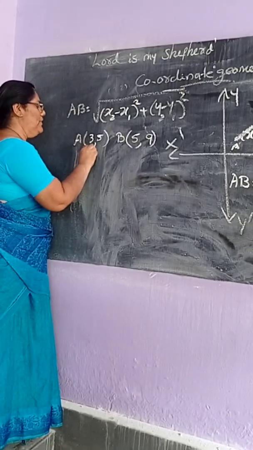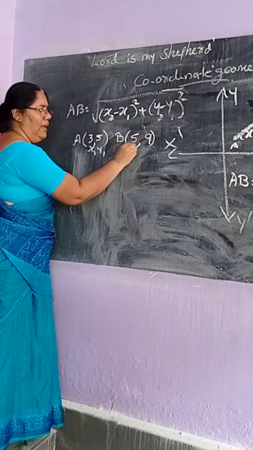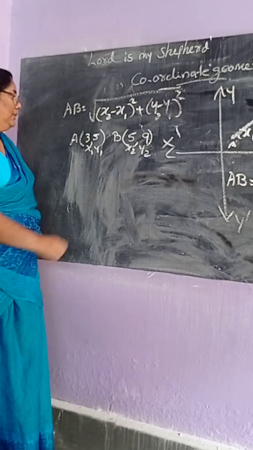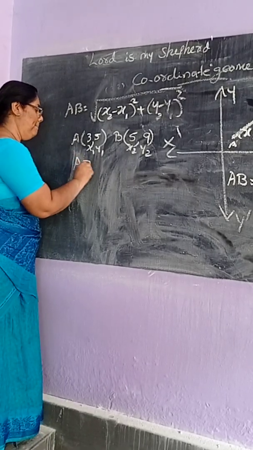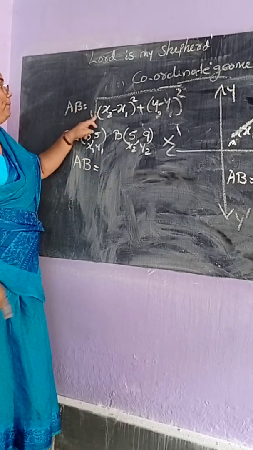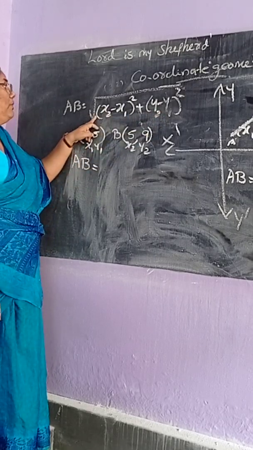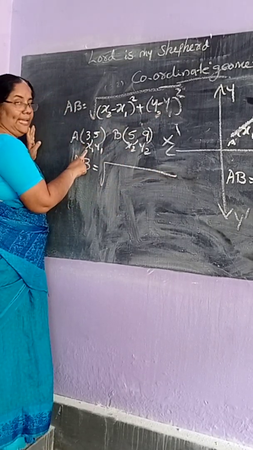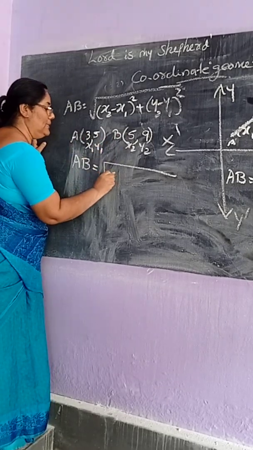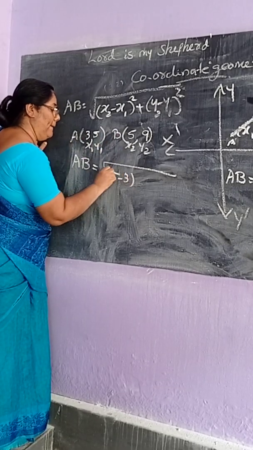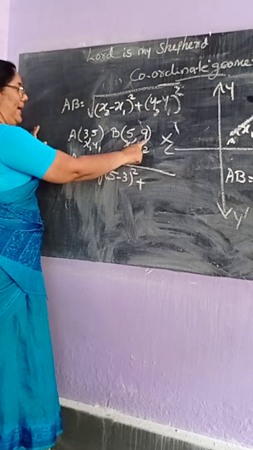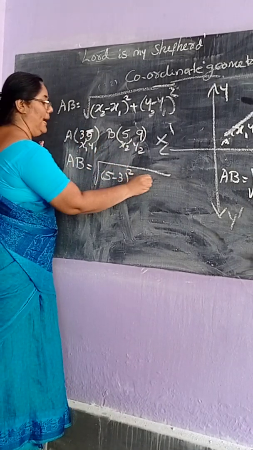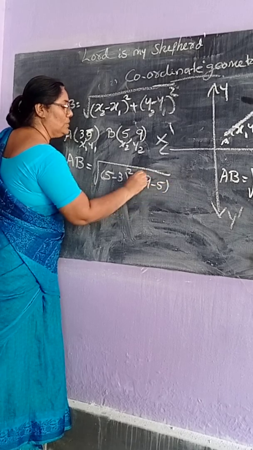Here you can mark the first point as x1, y1 and the second point as x2, y2. Then what is the formula? AB. In all the cases, copy this formula. Root of x2 minus x1, 5 minus 3, the whole square, plus 9 minus 5, the whole square.